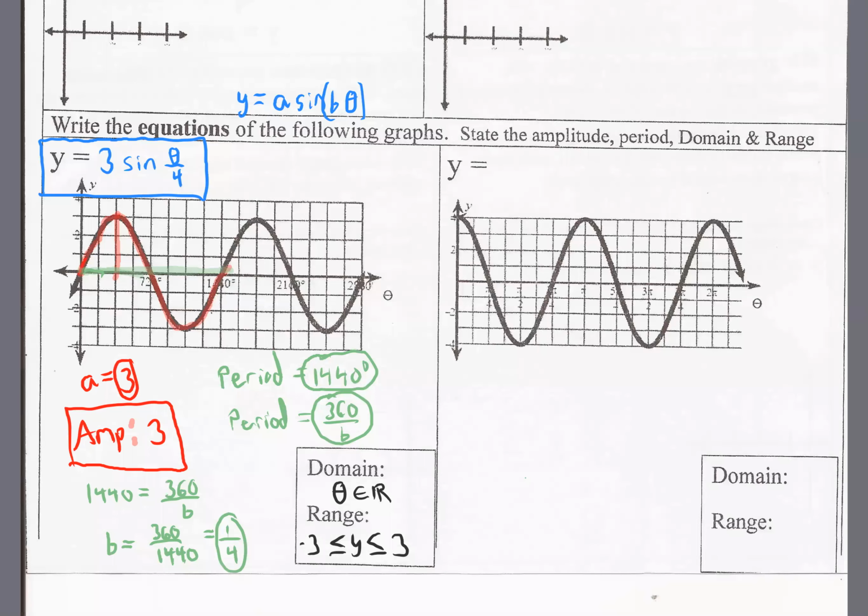Okay, next graph, we're doing the same thing. So my A here is going to equal, this one looks like it has a distance of 4 going from the x-axis to the highest point. So my A is 4.